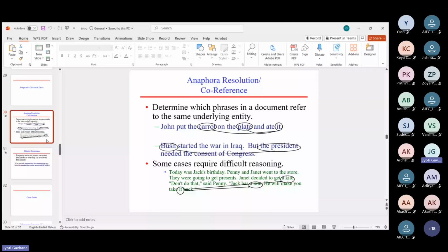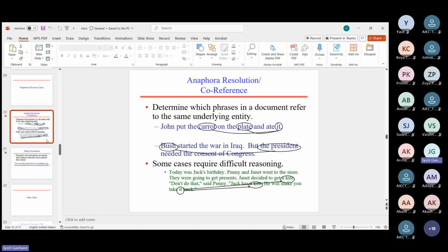Now, John put the carrot on the plate and ate it. Okay, अगर ऐसे लिखा तो context में क्या आएगा? Ate it, whether he has eaten the carrot or the plate. That's why there are two links with it.